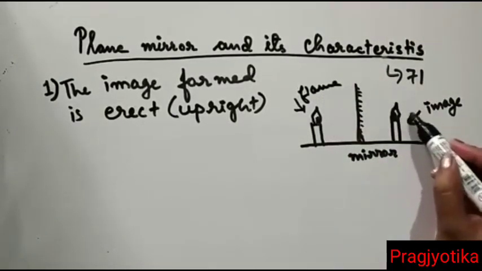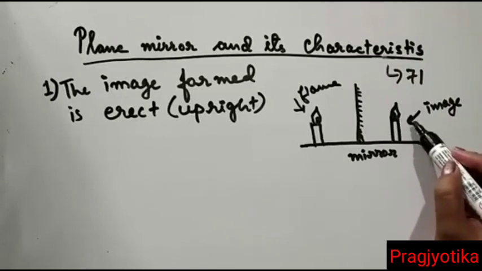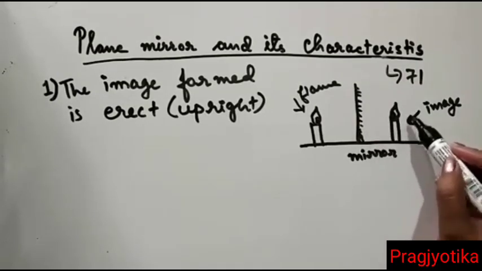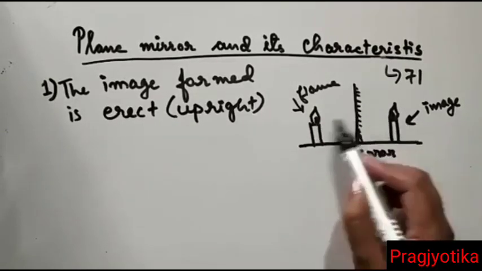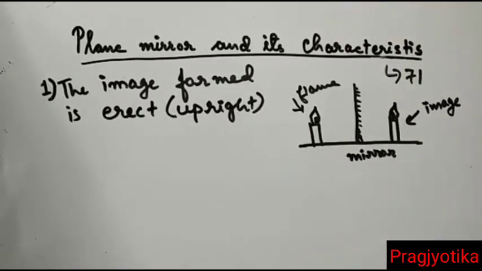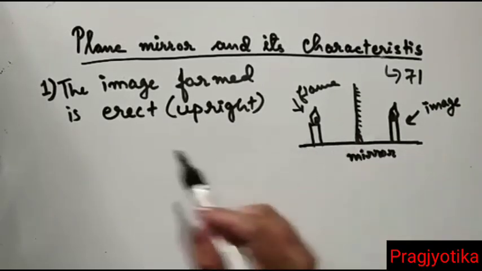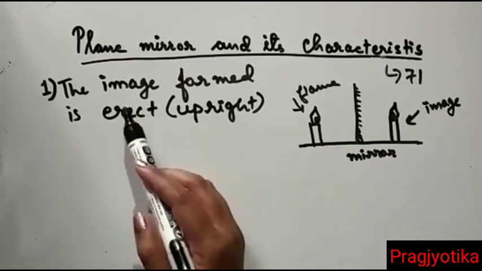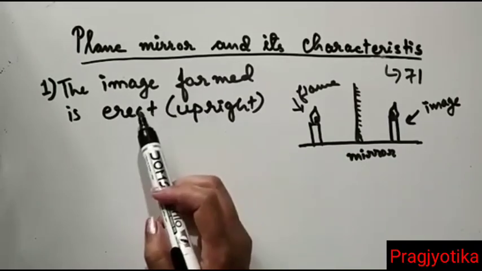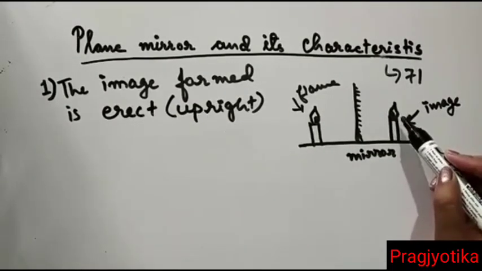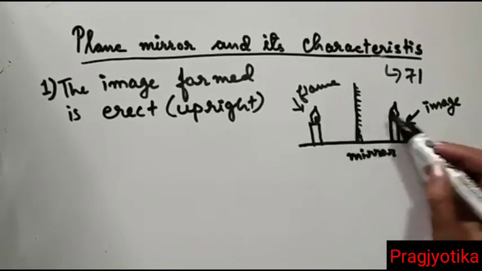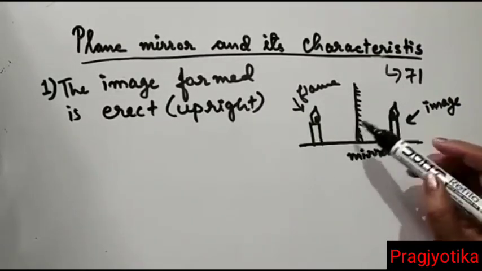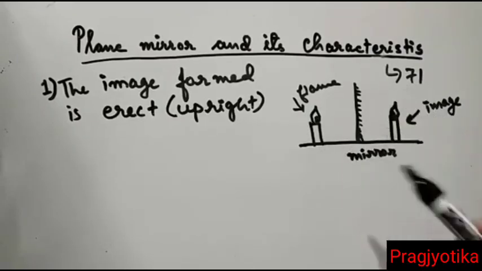And here in the image of the candle, the top side is also the flame. So in both cases, the top is the same. So this is the first characteristic. The image formed by a plane mirror is always erect. Erect means upside up. Here both are erect.